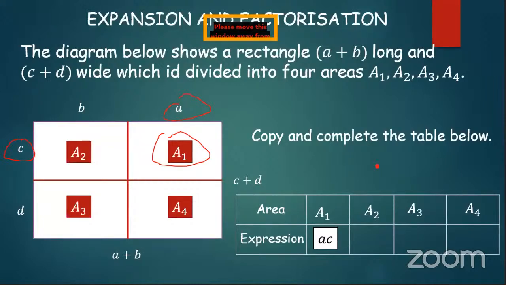Yes, okay. Brea, what is your answer? To area 2, I think it's BC. Area 2 is BC, okay, because this is B, which is the length, times this. Yes. Okay, thank you.